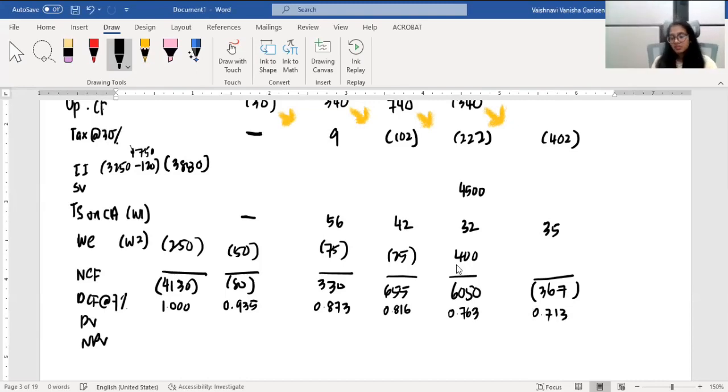You can copy paste it from the formula sheet that is given in your examination. But remember, I have taught you an easier manner on how you calculate this discount factor.